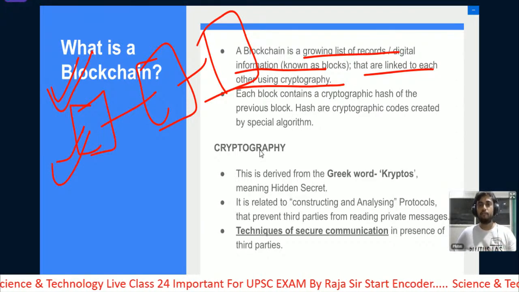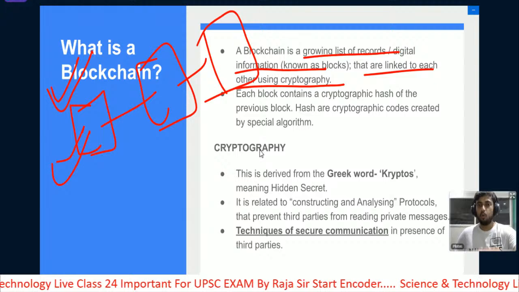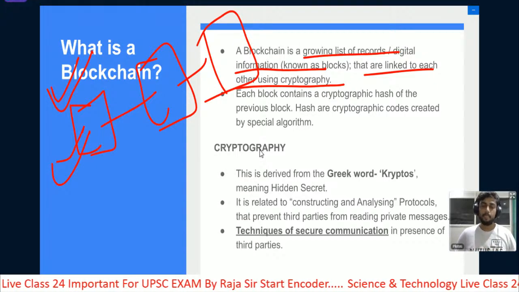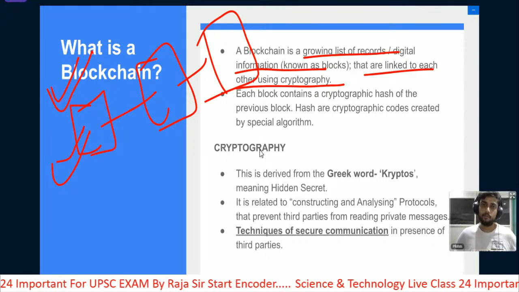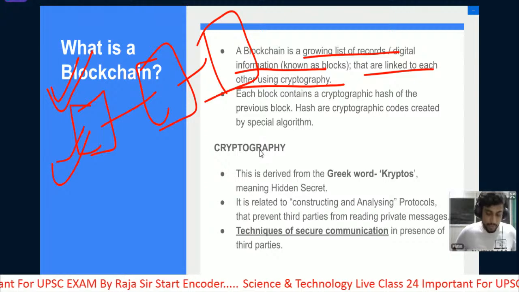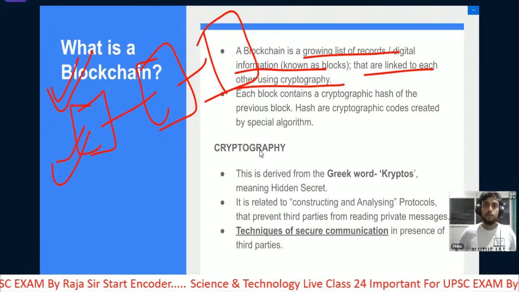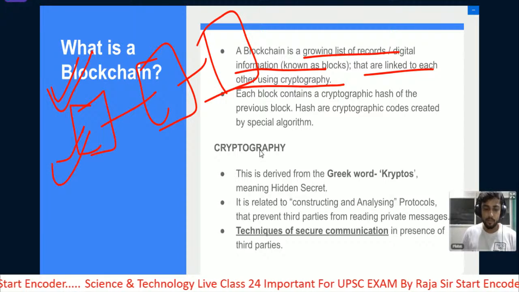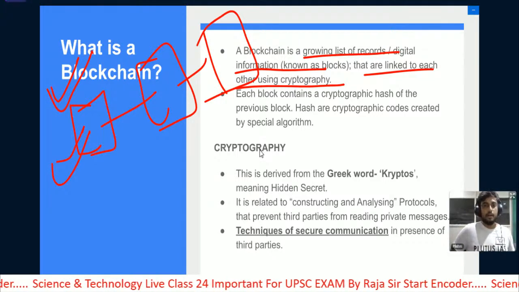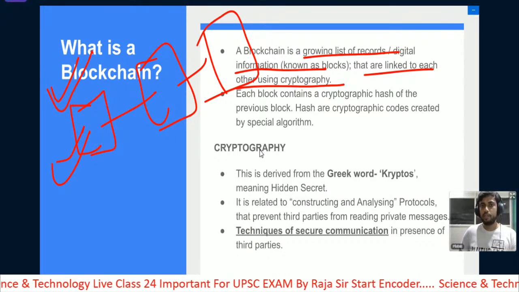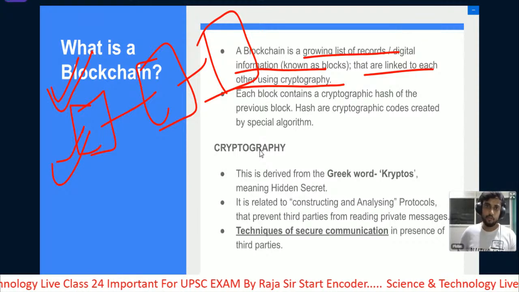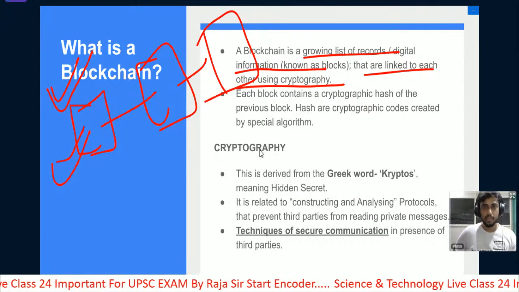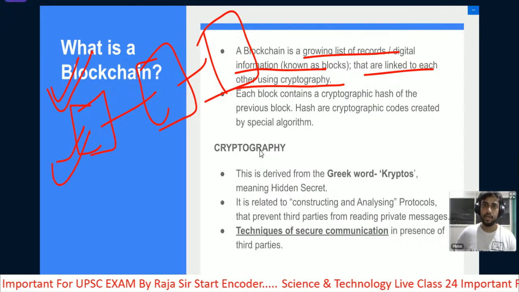Once you have stored your data inside the blocks, after that it is hack proof. Right now, you are all using smartphones and the majority of your data is getting saved on the cloud. If you are saving it on the cloud, basically there are servers on which your data is stored.